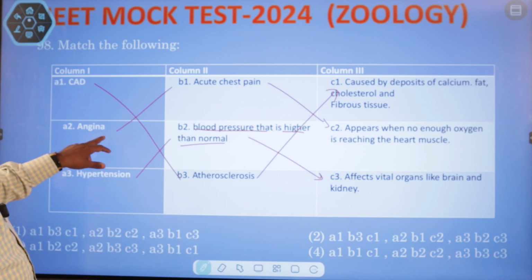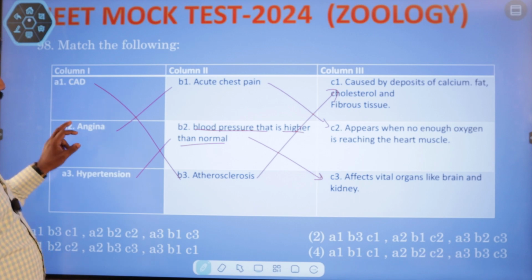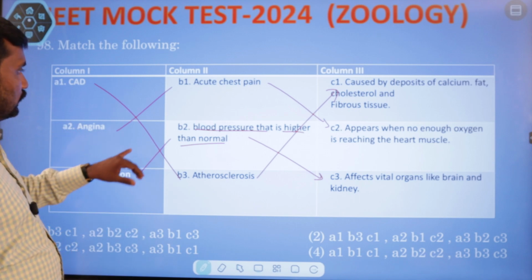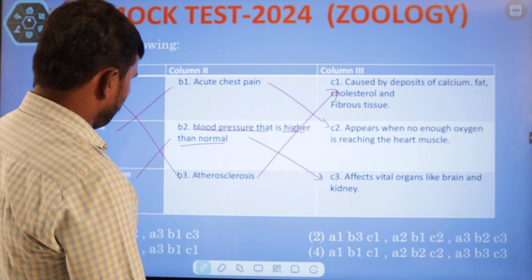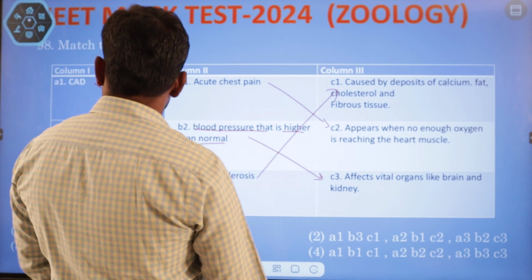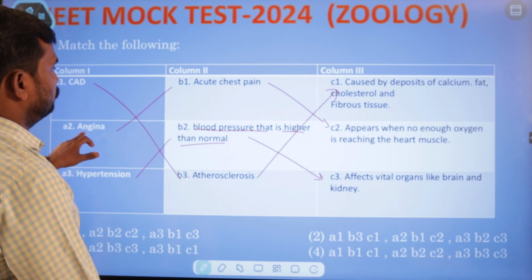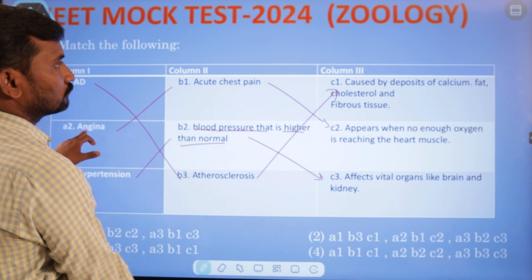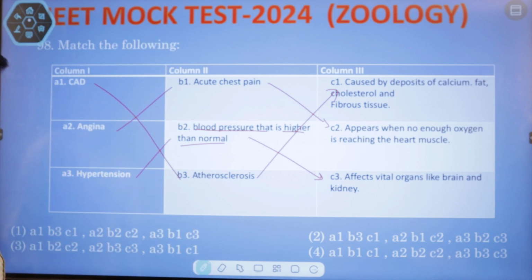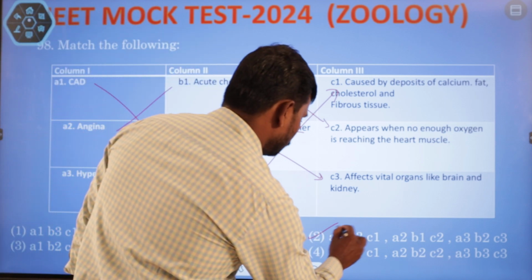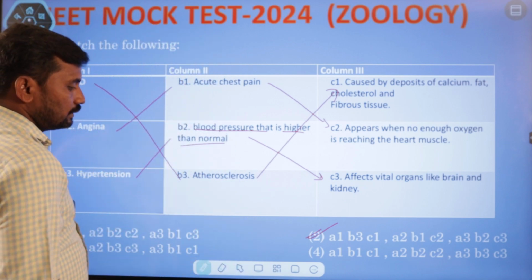Two options are there. The second one, A2, matches with A2. The correct answer is angina, acute chest pain. B1, then C2. So the correct answer is 2. We already discussed this here.